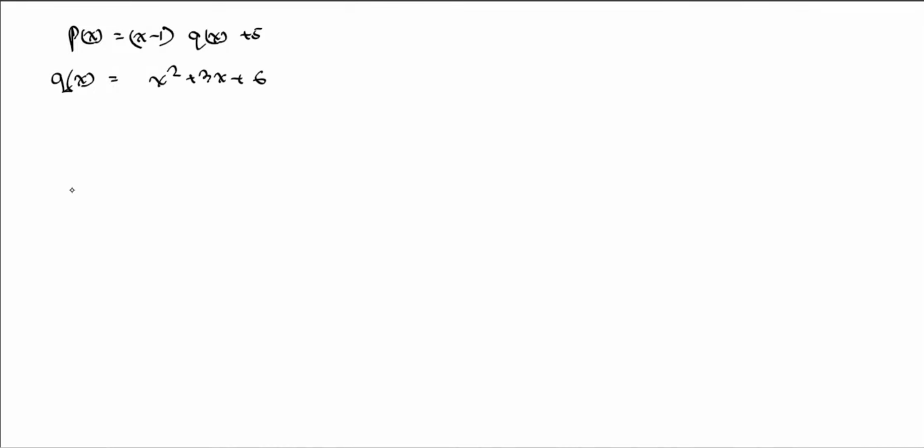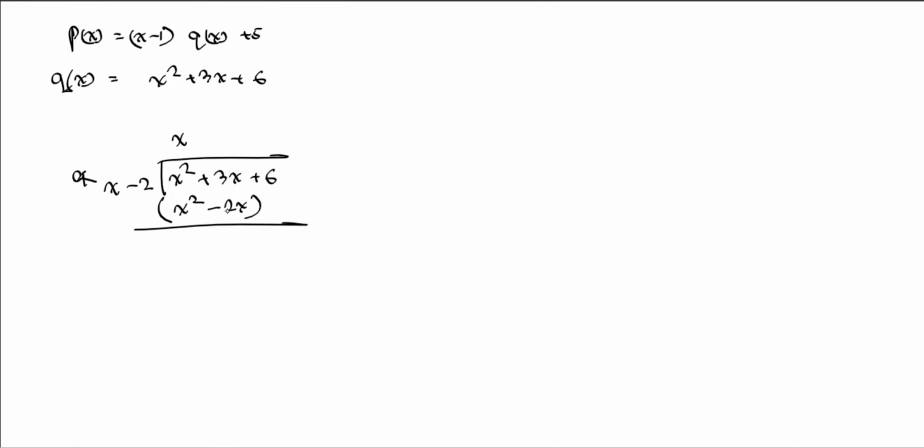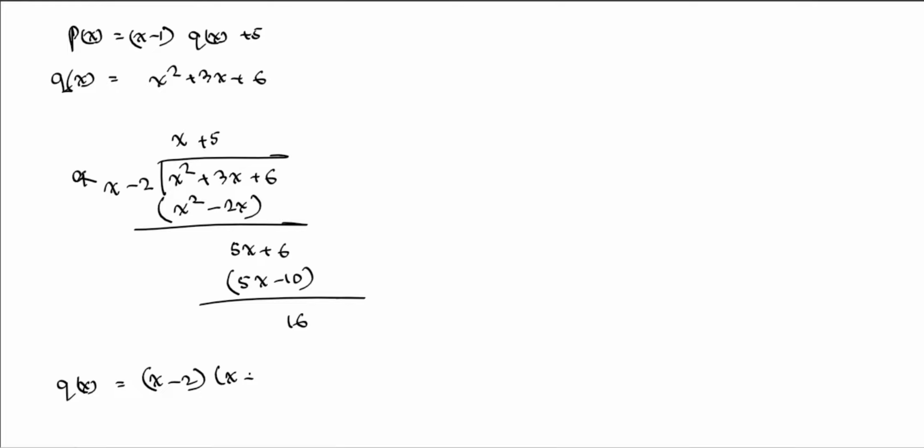Now if you divide q(x) by x minus 2, you will get x squared minus 2x. 3 plus 2 is 5x, plus 6 plus 5, 5x minus 10. So this will become plus 16. So you can write q(x) as (x minus 2)(x plus 5) plus 16.